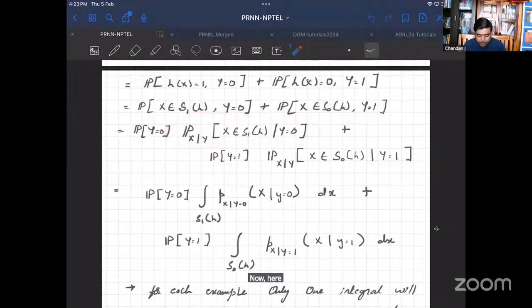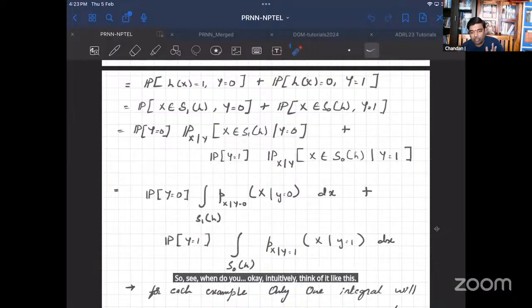Now it belongs to S1. Okay. But now actually the data is from 0. So intuitively think of it like this.